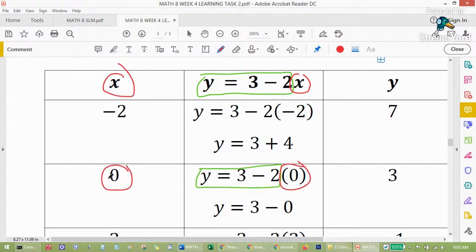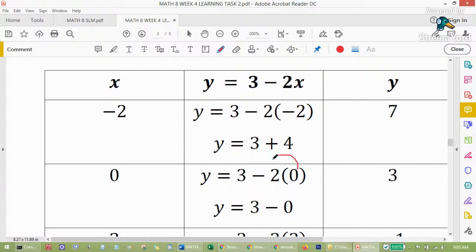Kasi x is 0, so yung x gagawin nating 0. 0 times any number, yung 0 kapag minultiply mo sa kahit anong number, magiging 0. So, minus 0.